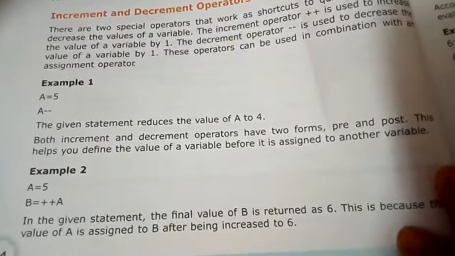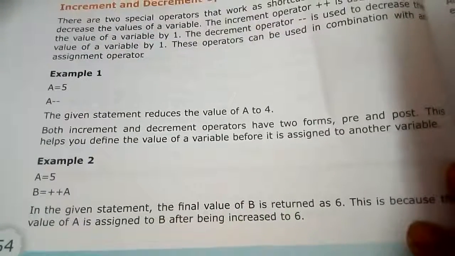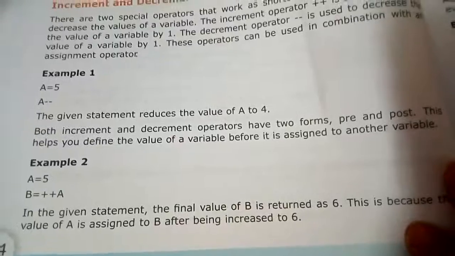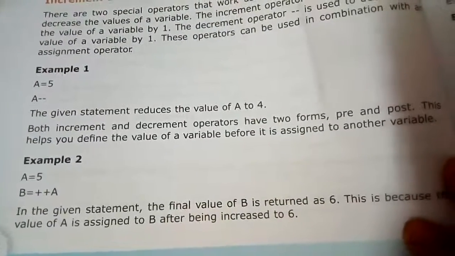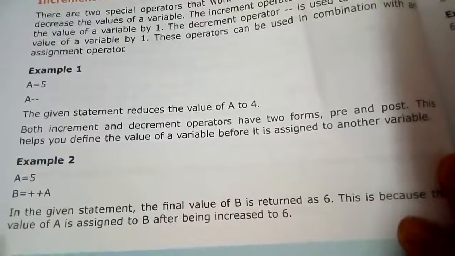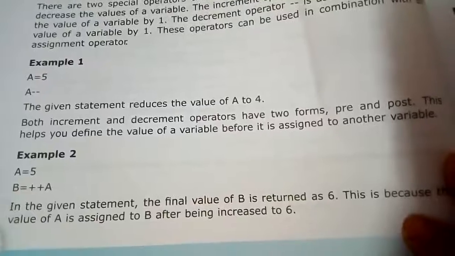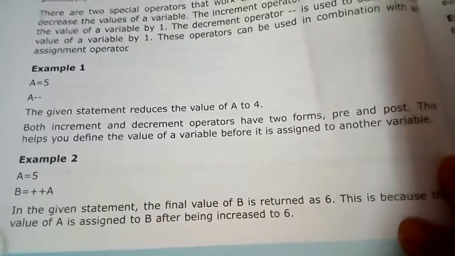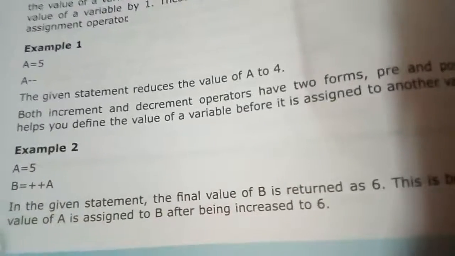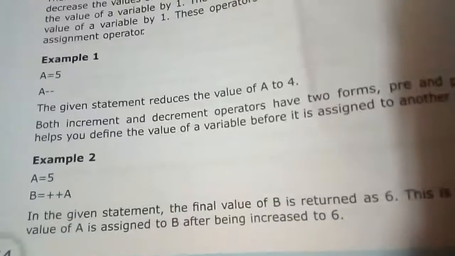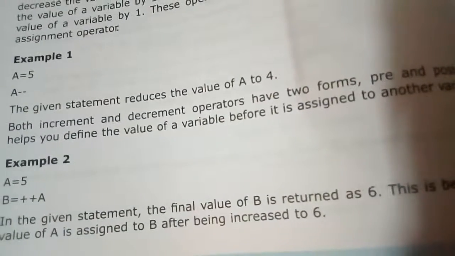So post means after the variable comes the minus minus sign. That means first it will show the value of a and then it will decrease the value by 1. That is the difference between post decrement and pre decrement. Pre decrement means first it will decrease the value, then show the variable, and post means first it will show the value and then decrease the value.